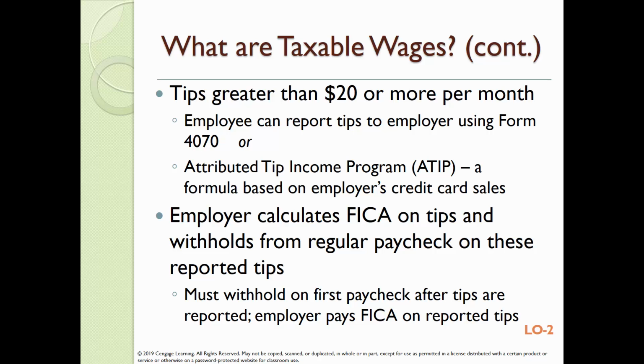So let's go back and continue with this example I just put up here, except I'm going to add one more piece of information. My sales last week, for this tipped employee who said she got $600, my sales of food and beverage were $10,000.